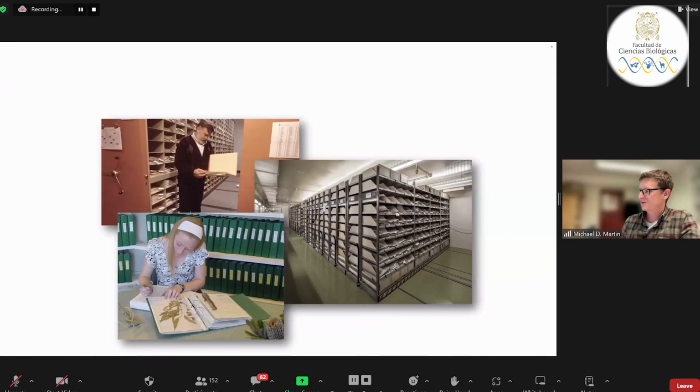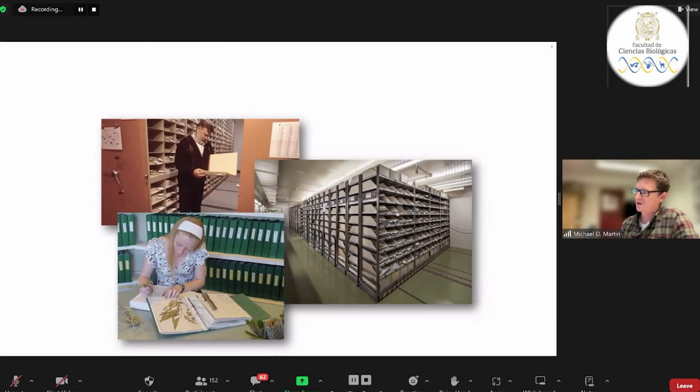So really the work I want to talk about today is taking place inside herbarium collections. These are parts of natural history museums where you find the dried and pressed plants.